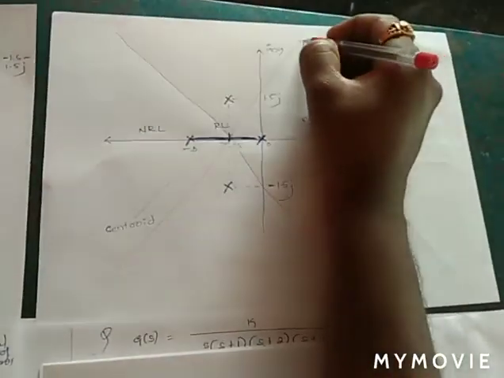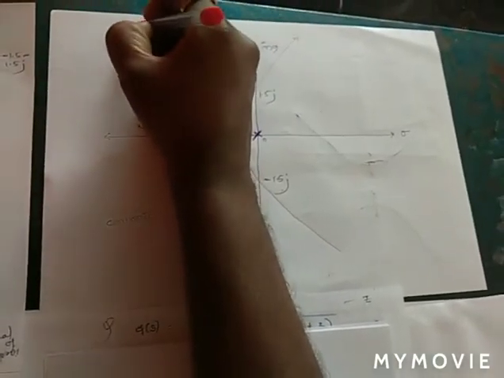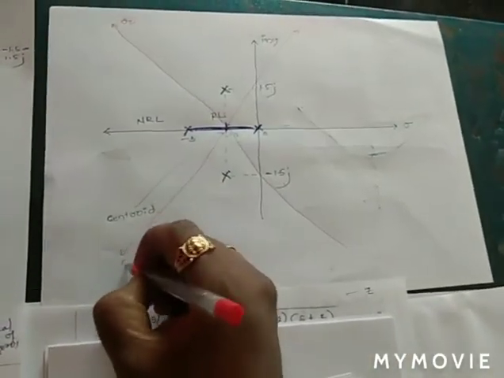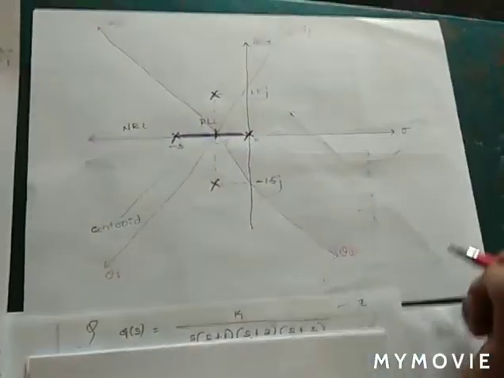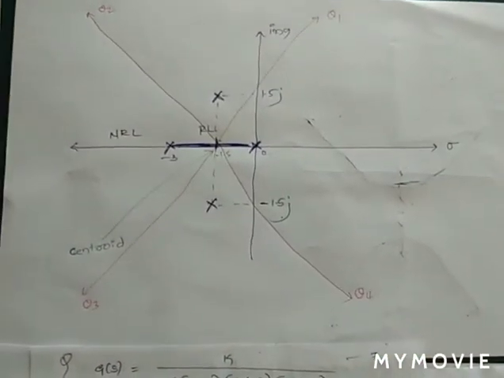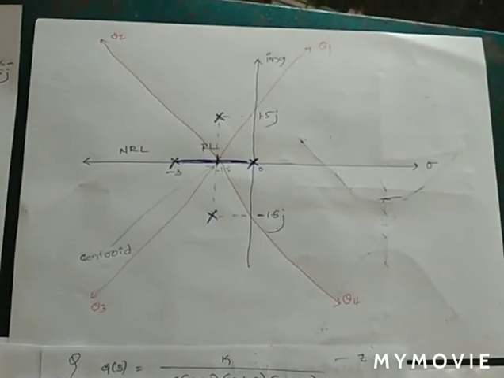So this is 45, theta 1, theta 2, 135, 225, 315. Right. So next is breakaway point.